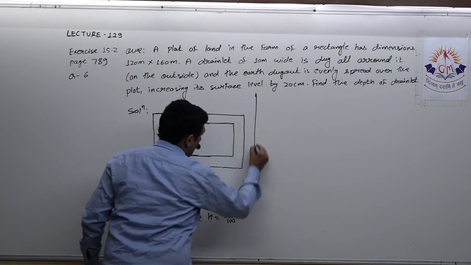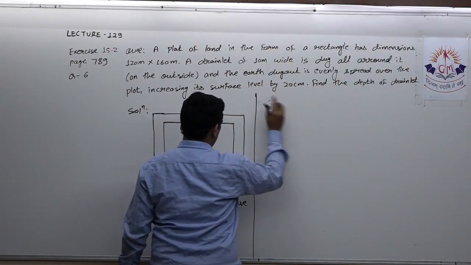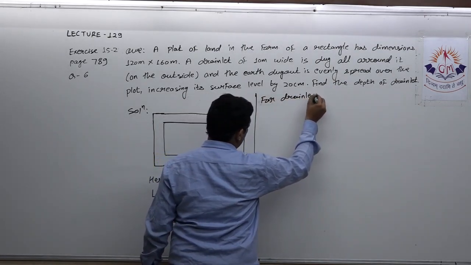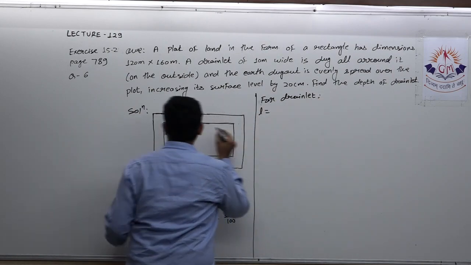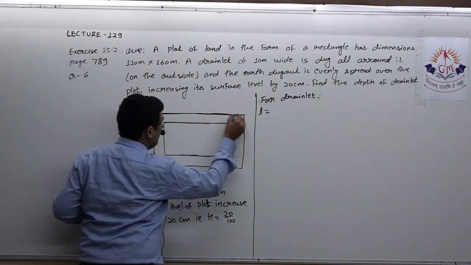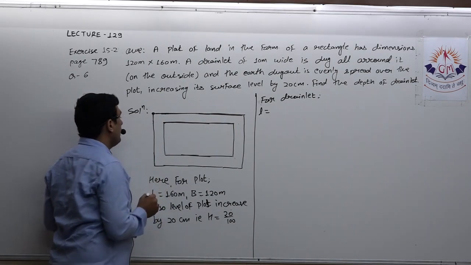Now for drainlet, L is equal to, see, this is the length of the drainlet. So this much is 160.